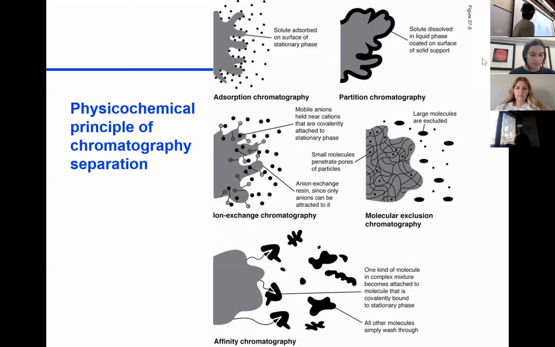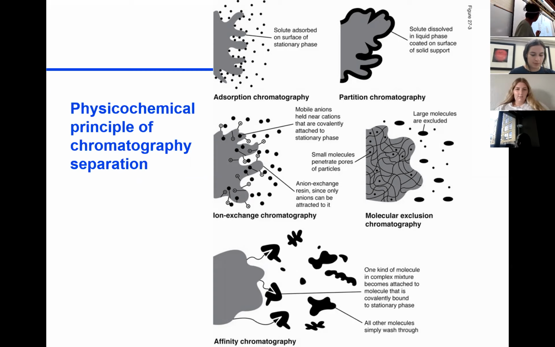All right, so at the top, there's a differentiation between adsorption chromatography and partition chromatography. Adsorption chromatography is when your components adsorb directly on a solid surface. Your stationary phase is solid, and it's adsorbing via specific interactions.